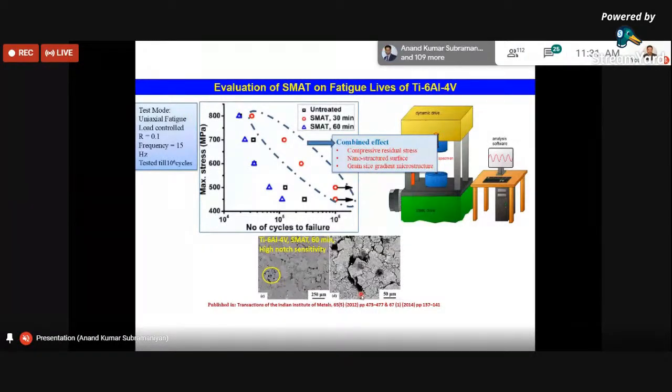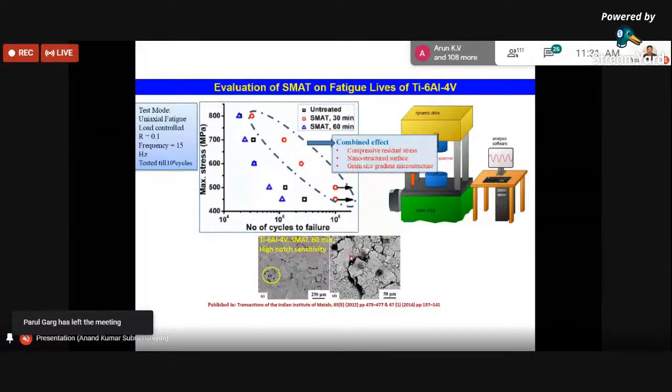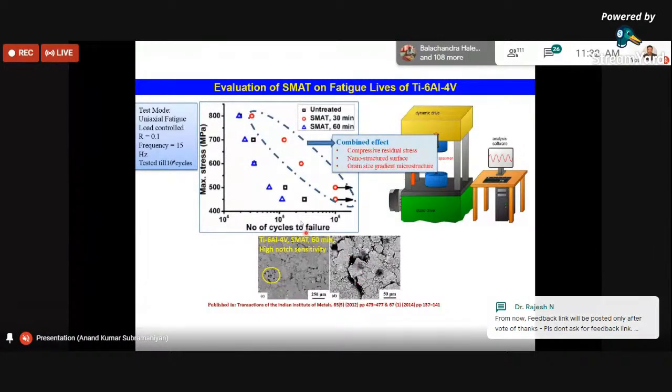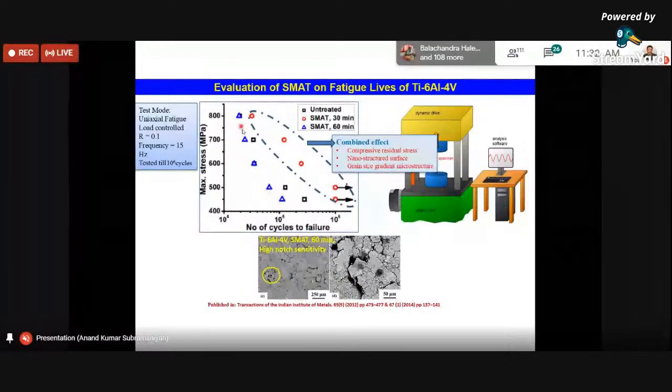Thereby the beneficial effects in the 60-minute sample, compressive residual stress, nanostructure, and grain size gradient, all got nullified by the presence of micro cracks, and that's why it showed inferior fatigue performance compared to the SMAT treated 30-minute sample.